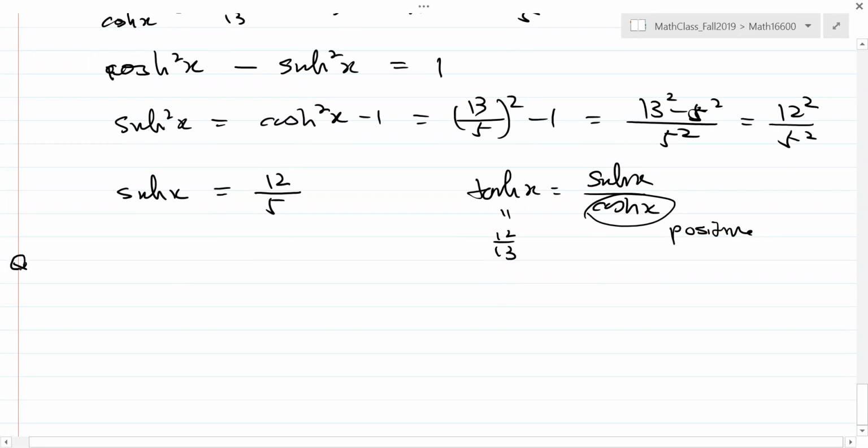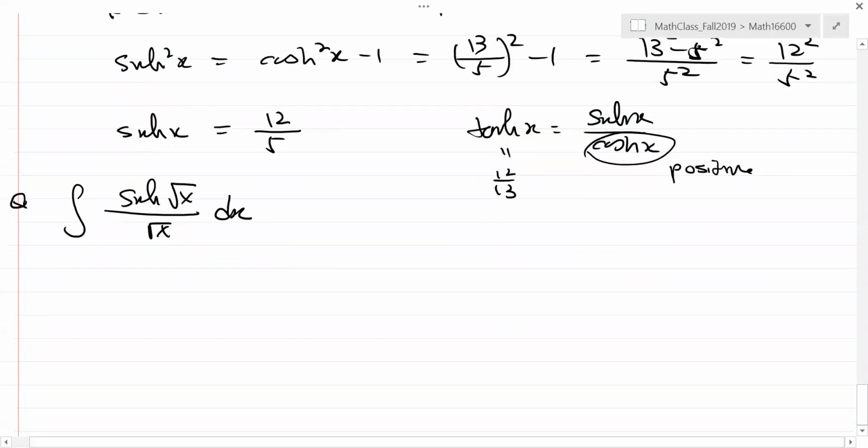we know this is an integral. How do we evaluate this integral?